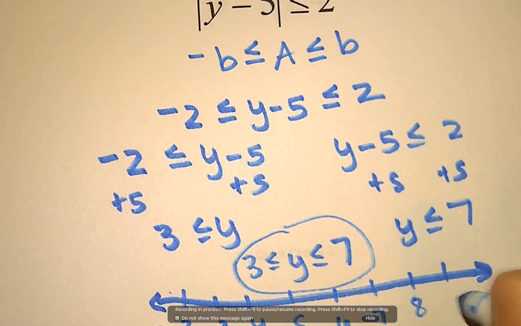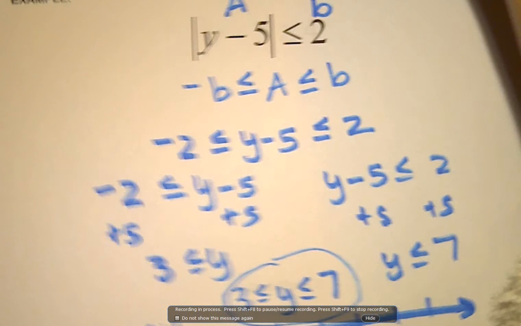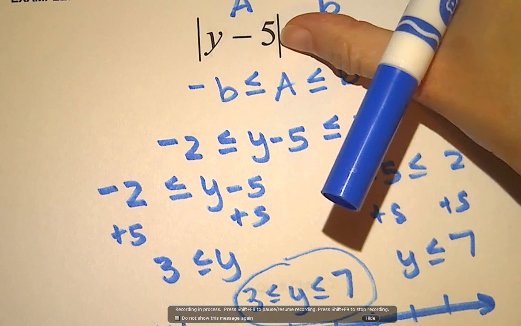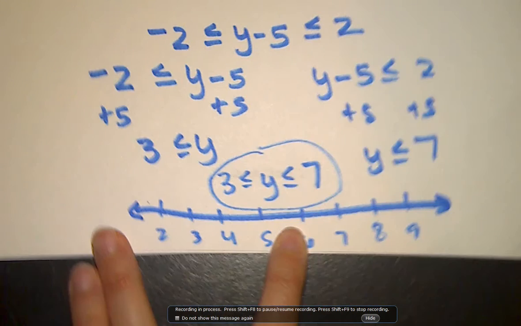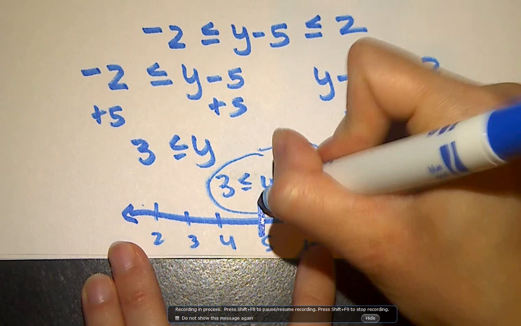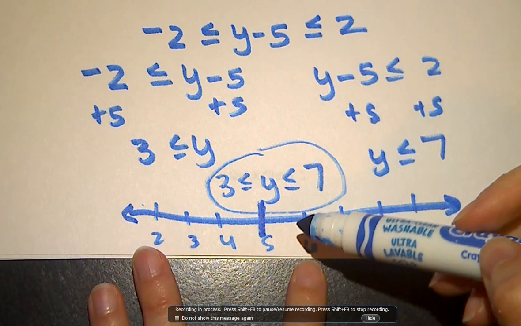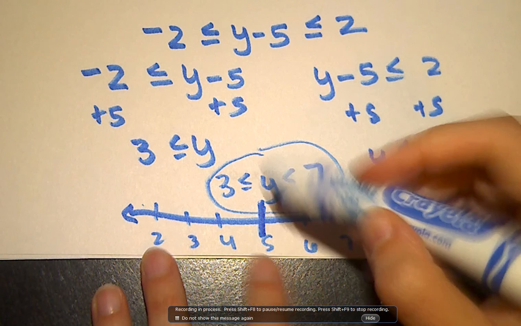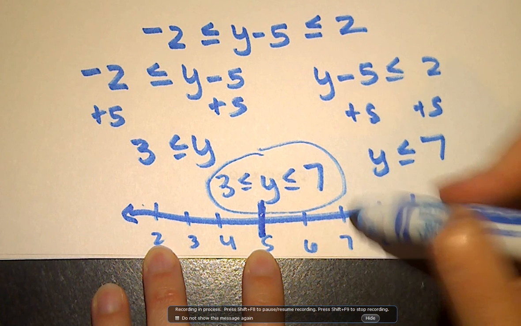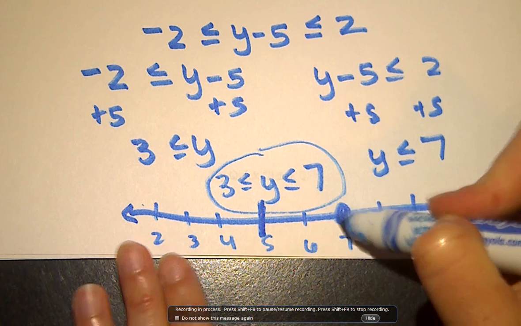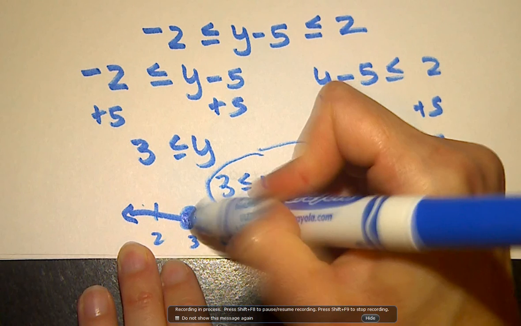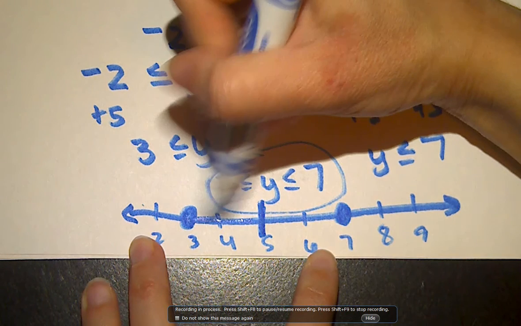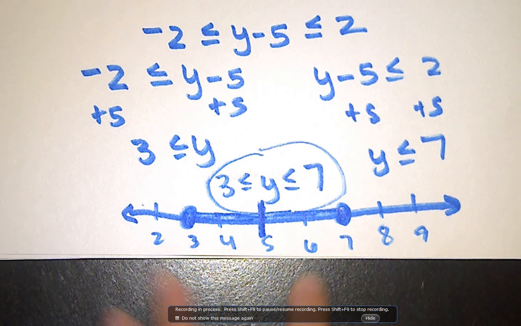And I did that because since it's minus 5, I'm going to put a little tick mark at the opposite of that, which is plus 5. So I put a tick mark here at +5, and the distance had to be less than or equal to 2. So I go 2 on each side, 1, 2, and 2 on the other side, and the distance had to be less than that. So that's a way of checking. You can see I was at 3 and 7.